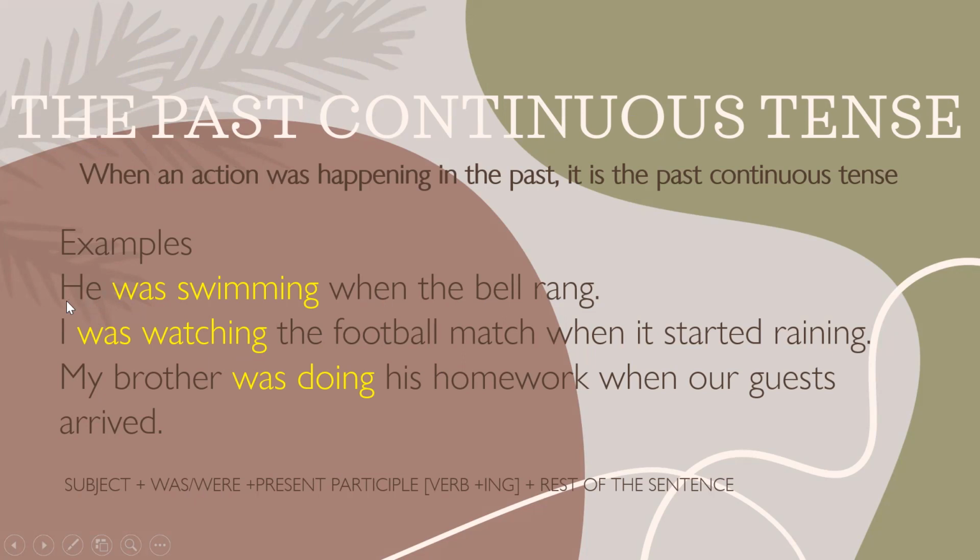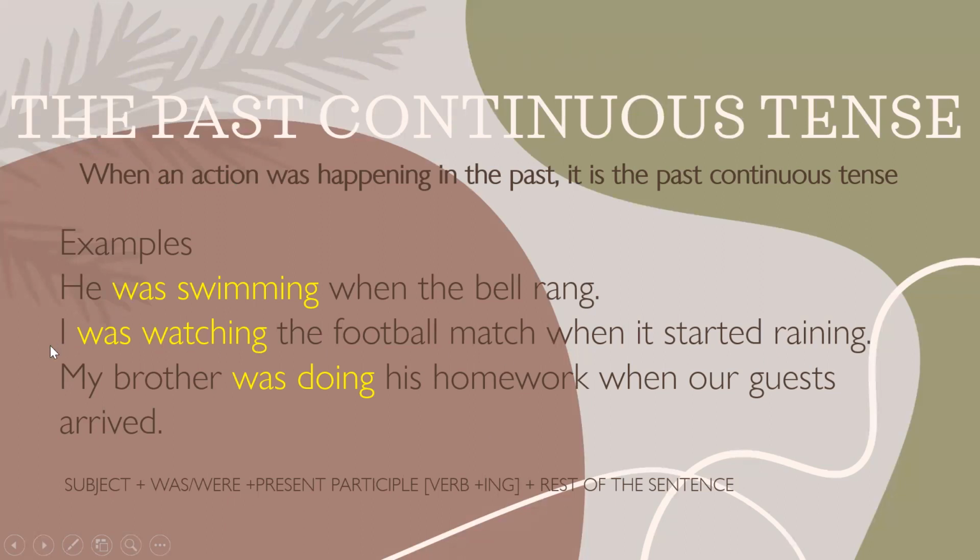So it depends on the subject. Since it's he, it will be was, not were. And then you use a present participle, that's the verb and ing. So swim, ing. Now in some words like this, you will have to double the last letter before adding ing. All right? When the bell rang, so you're adding the rest of the sentence.